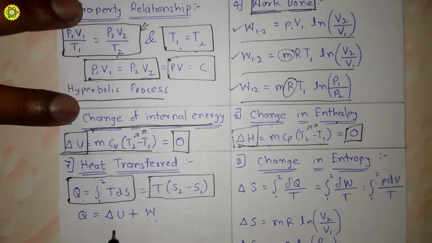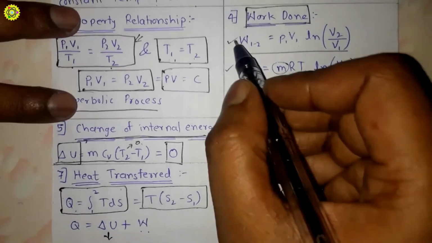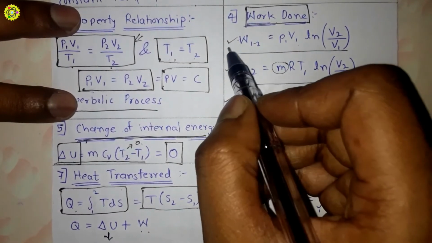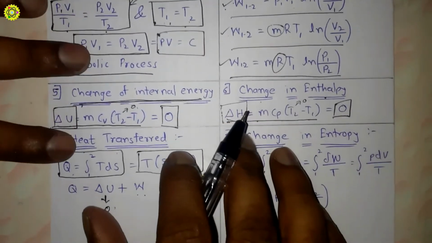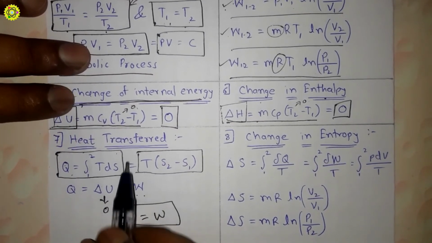So here see change in internal energy is 0, and W we can calculate by these three equations. So here we have now Q is equal to W. Okay, heat transferred is equal to work done.